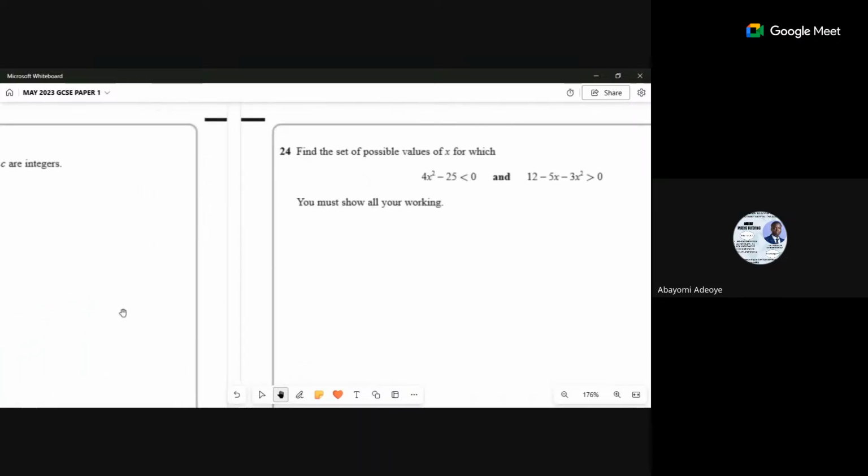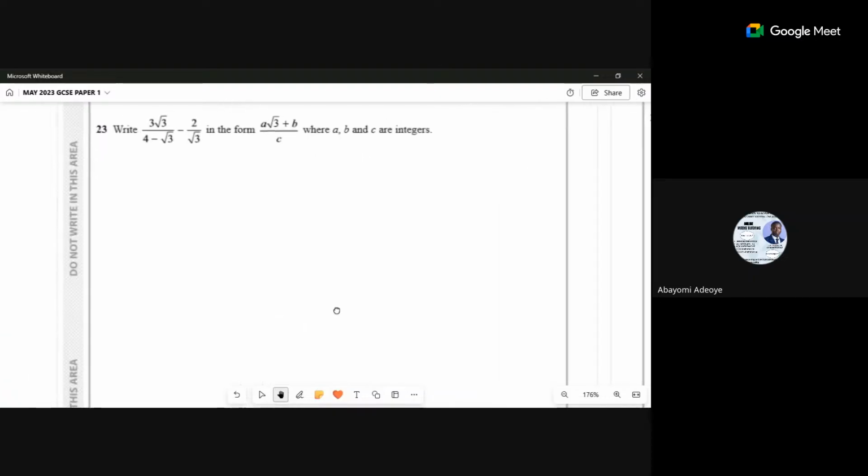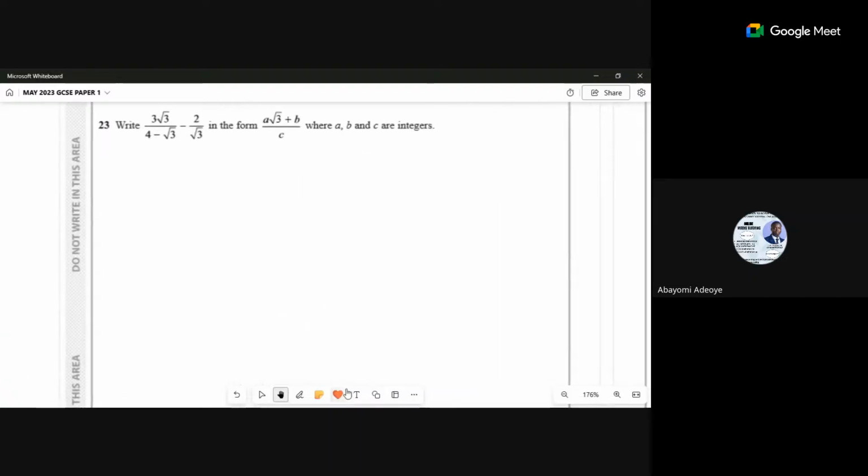For 23, just on our topic. So 3 over 4 root 3 minus negative 2 over root 3. We should write it in that form. So you find the LCM.